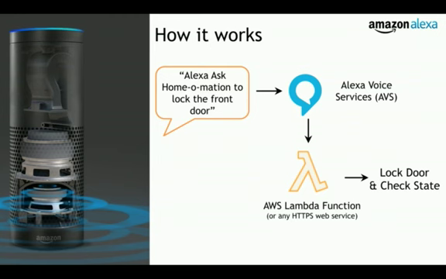The cadence or the structure has to be Alexa, ask, and then the name of the skill. So in this case it would be Alexa, ask home automation to lock the front door.